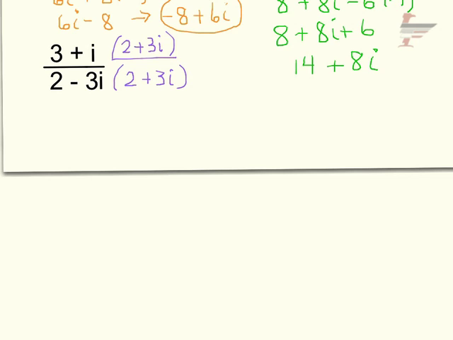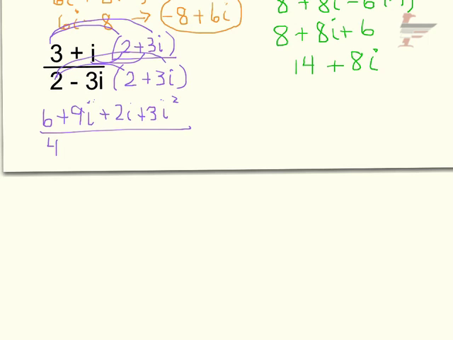So I'm going to FOIL out the numerator first, so I'm going to get 6 plus 9i plus 2i plus 3i squared, and FOILing out the denominator, I get 4 plus 6i minus 6i minus 9i squared.